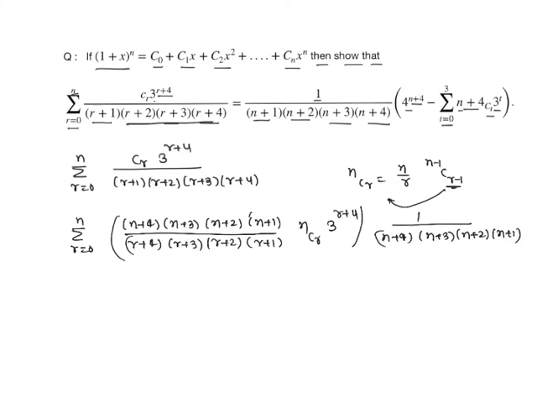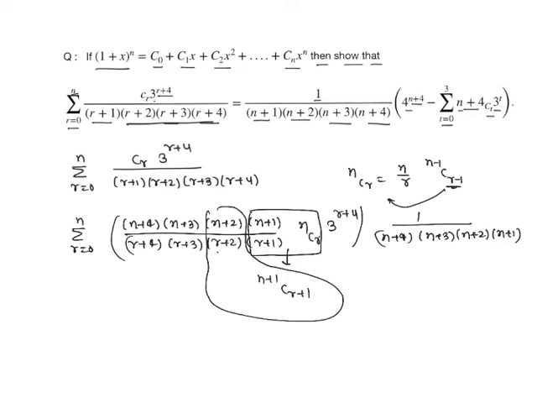Now from here, (n+1)/(r+1) into nCr, this we can write as C(n+1, r+1). Similarly, (n+2)/(r+2) into C(n+1, r+1) we can write as C(n+2, r+2).